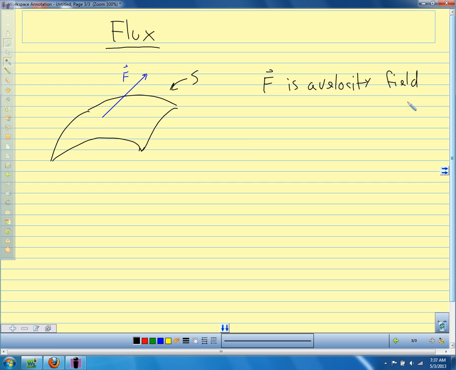Our field doesn't have to be a velocity field. We're just using that to talk about our idea. And we have a unit normal vector at this point on the surface. Call that n, our unit normal vector.